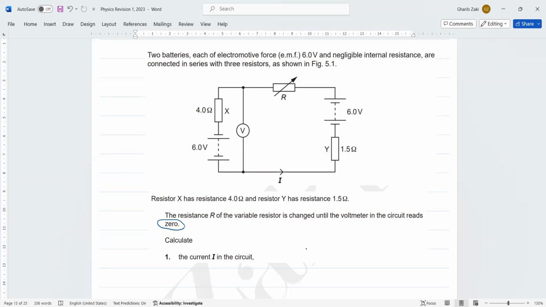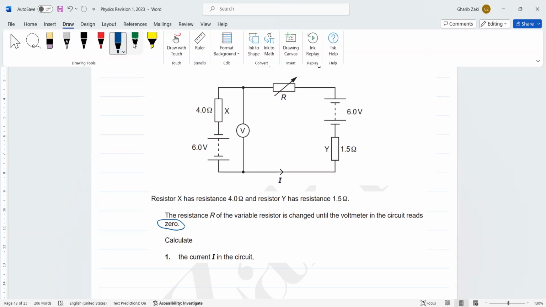So what do you mean by reads 0? 0 means a balanced point. So here we can say this is a closed circuit, like this.